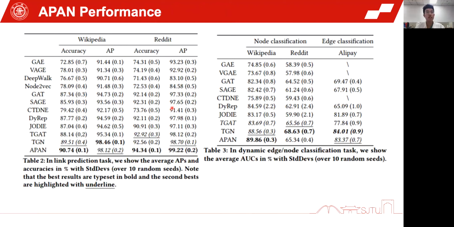So let's talk about the performance. APAN has been widely tested on 3 real-world temporal graph datasets, including 2 public datasets and an industrial online payment dataset collected from Alipay. As we can see, the result of our APAN is pretty good.